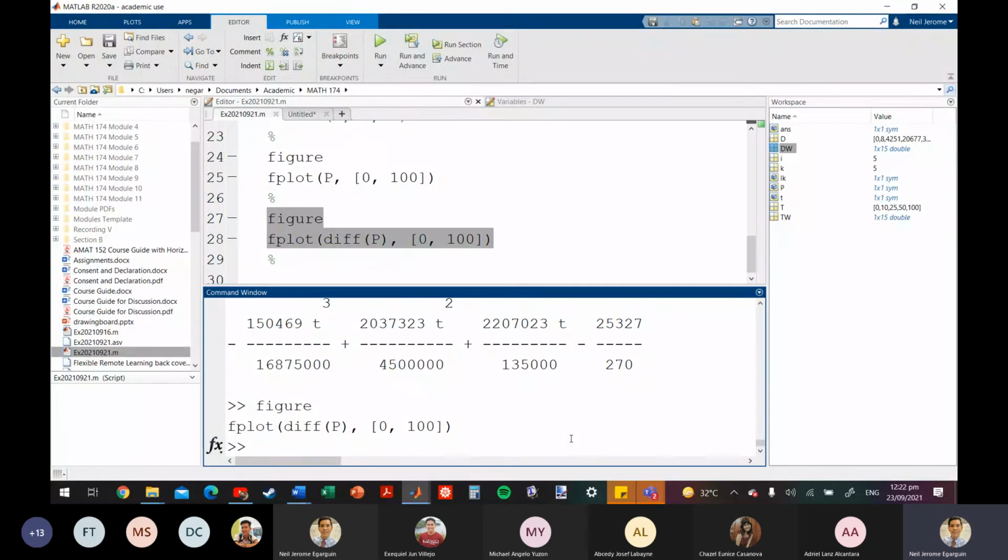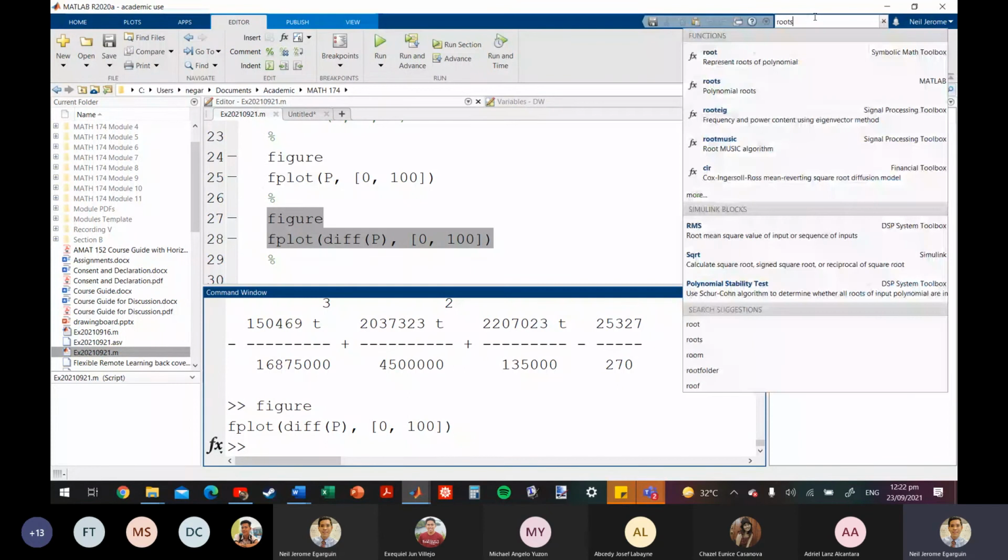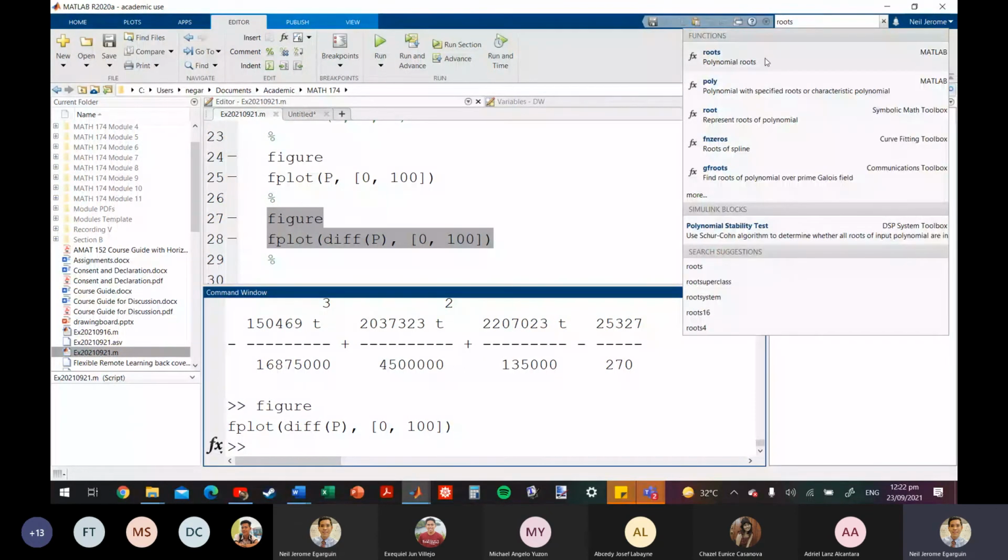So pwede nyo i-search sa help o dun sa documentation dito sa upper right-hand corner, yung roots. Ilalabas niya yung suggested readings. So you can click on, say, roots. Kasi gusto kong i-compute yung polynomial roots. Dadalhin niya kayo sa isang documentation page para dun sa function na pinili nyo.